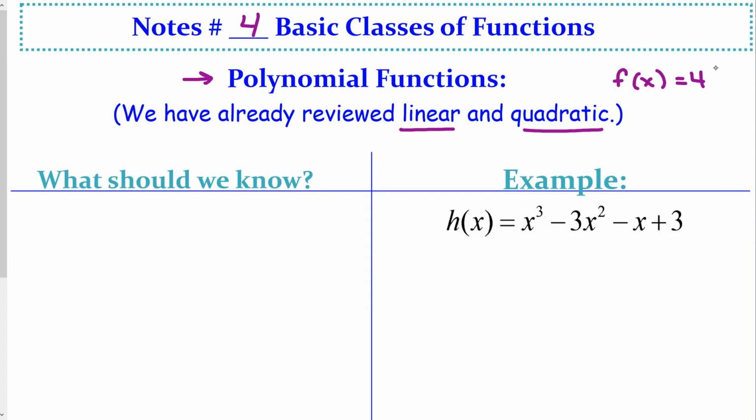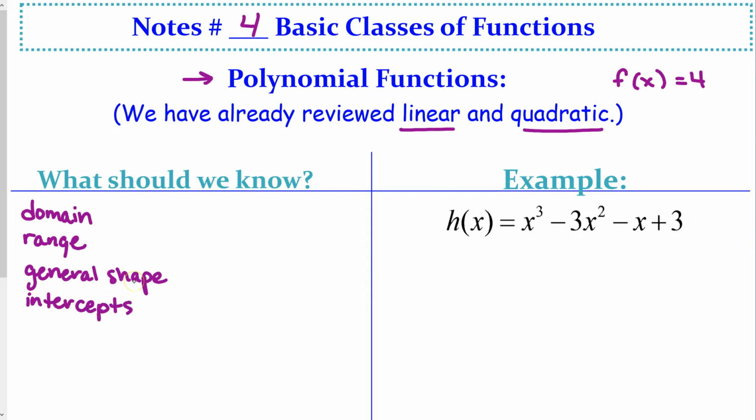And in general, what should we know about any polynomial function? Well, it would be nice to know about the domain and the range. It would be nice to know the general shape. And it would be nice to know the intercepts.